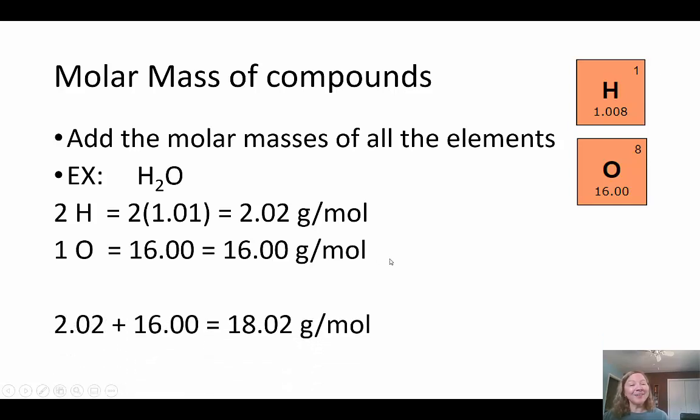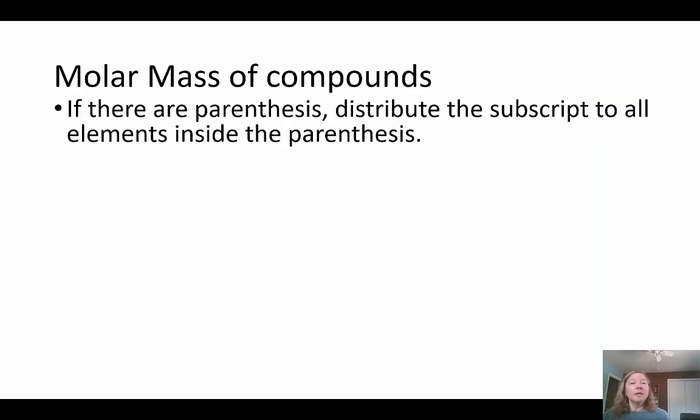Add those 2 together, and we get a molar mass for water of 18.02. That would be true of any pure sample of water you find anywhere, be it here or in Paris or on Mars or anywhere you look. It will be the same molar mass of water because all water has 2 hydrogens and 1 oxygen in it.